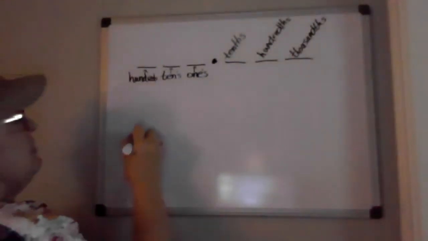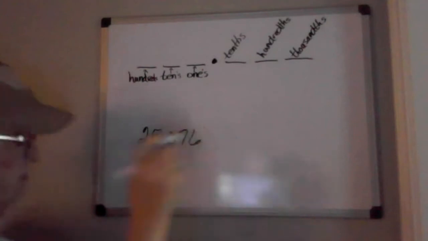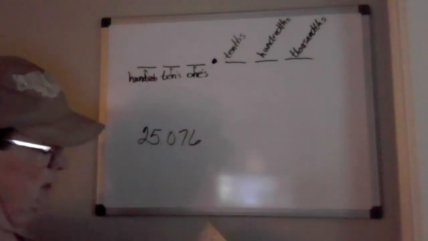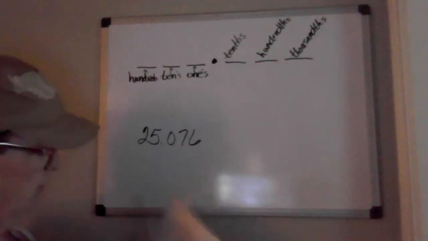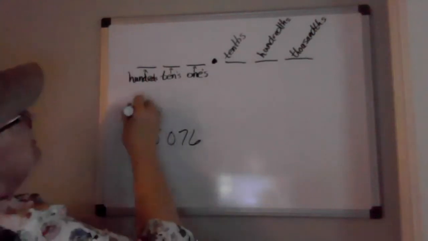So I would definitely do these. Let's do the first one. The first one says 25.076, I think. Let me look again. Yes. Okay, they want you to put it in the correct spots.